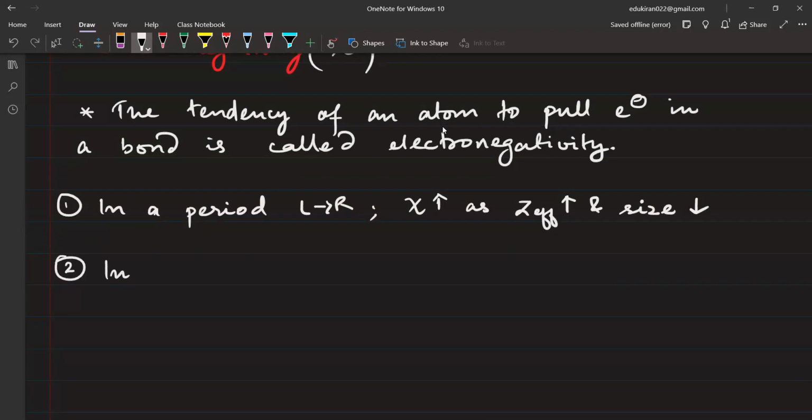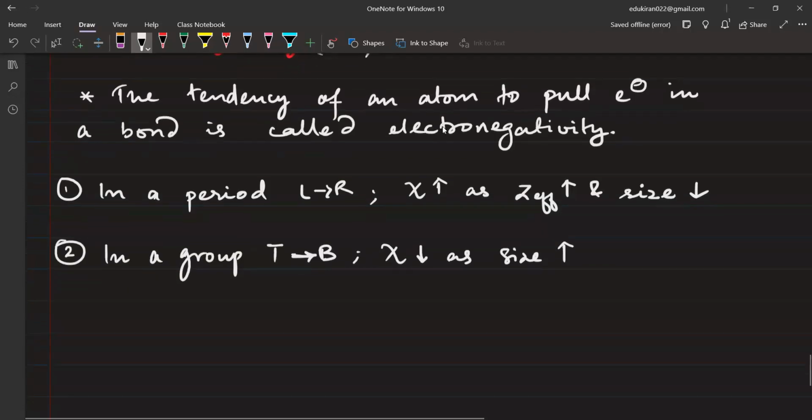Second, in a group, top to bottom, the electronegativity will decrease as the size increases. So this is a trend that you have to remember for this chapter.